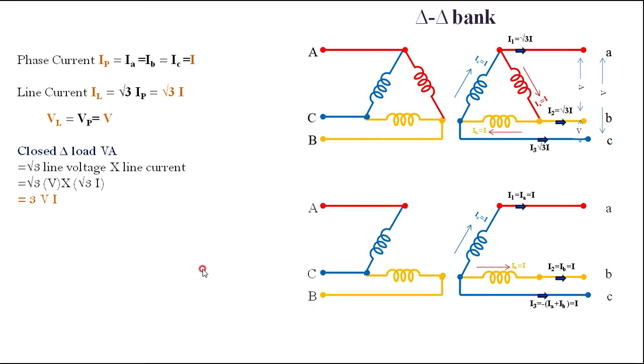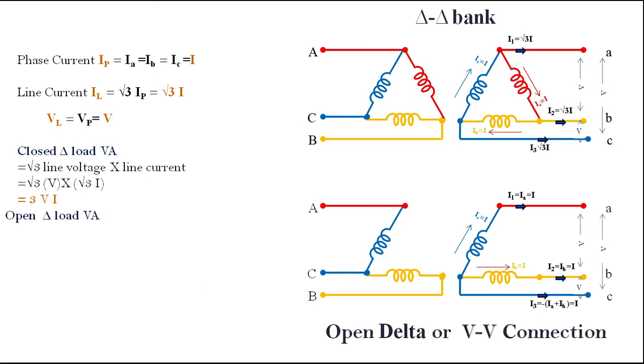Now I want to calculate the load volt ampere in the open delta. The open delta KVA is once again root 3 times line voltage multiplied by line current, because it still acts as a three phase system.